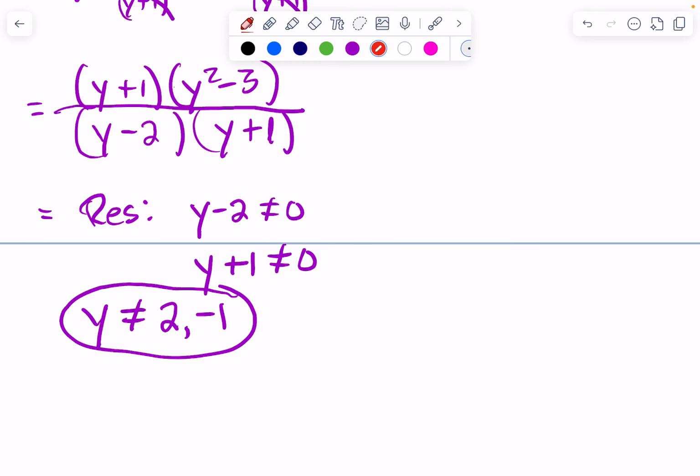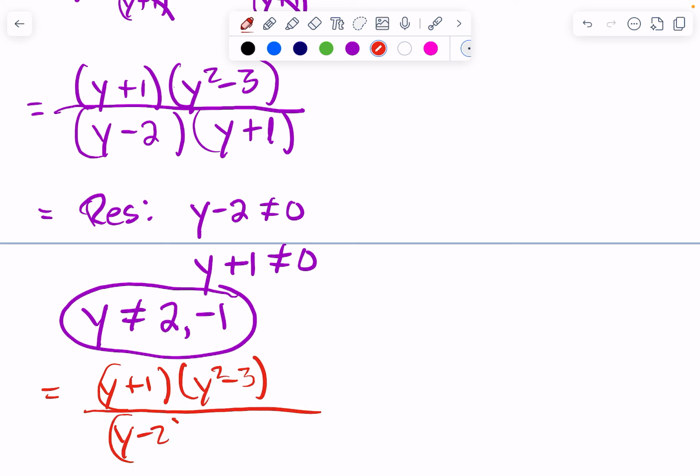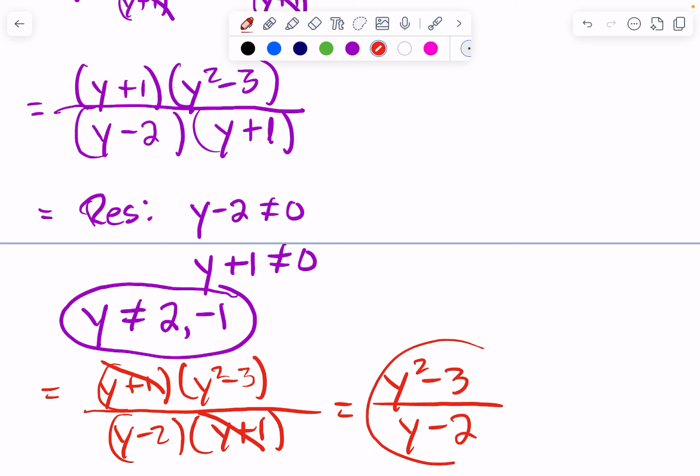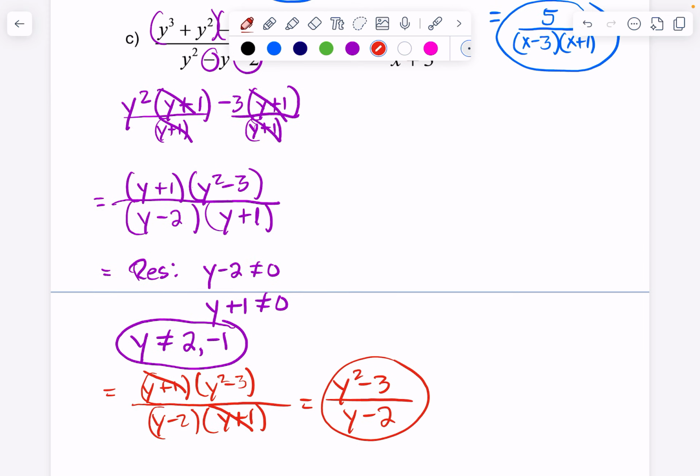So now I have y plus 1 times y squared minus 3 over y minus 2 times y plus 1. The y plus 1's cancel, and my answer is y squared minus 3 over y minus 2, fully simplified, and we found our restrictions as well.